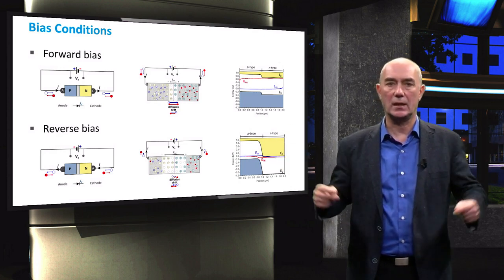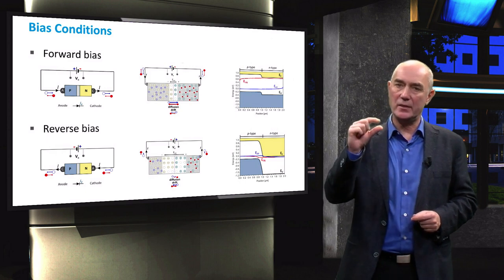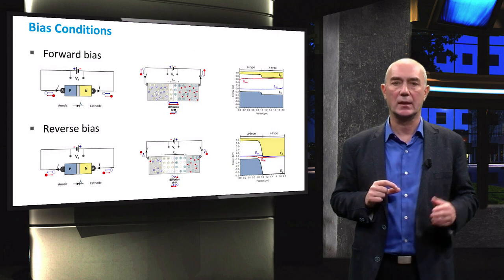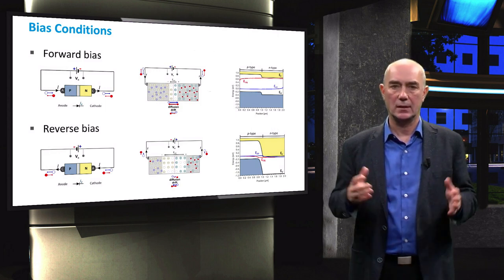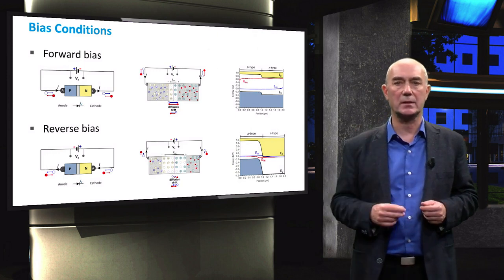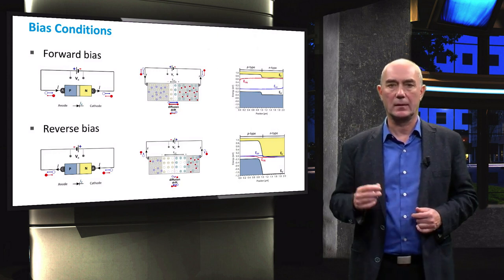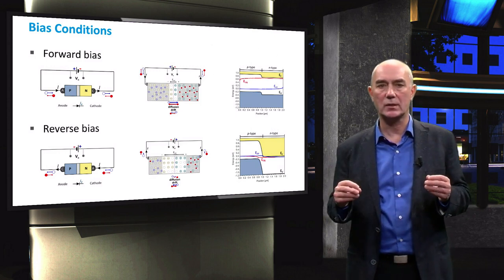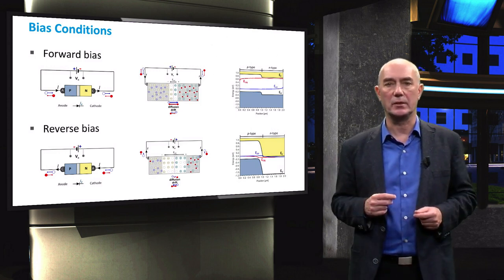In reverse bias, on the other hand, the depletion region is expanded. Now the drift current dominates and a very small amount of current will flow in the opposite direction as in the forward bias. This can be seen by the profile of the quasi-Fermi levels in the band diagram that do indeed slightly change from the p-type region into the n-type region.